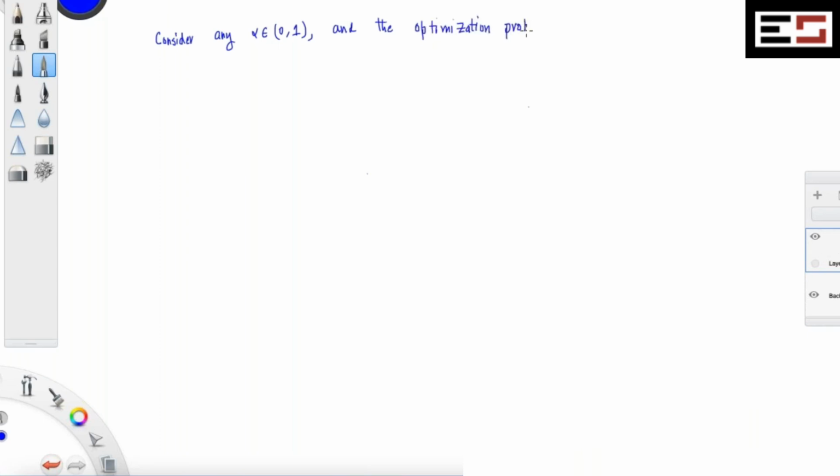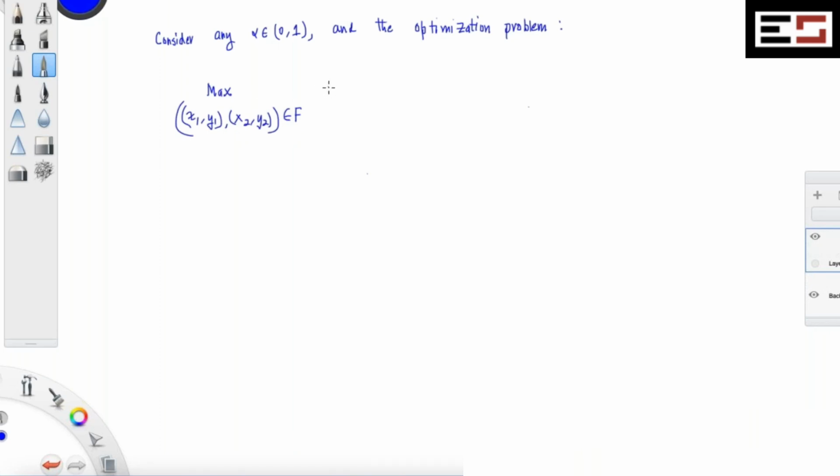Okay, and the optimization problem is defined as follows, which is maximize with respect to choosing an allocation x1 y1 x2 y2 from the feasible set of allocations.